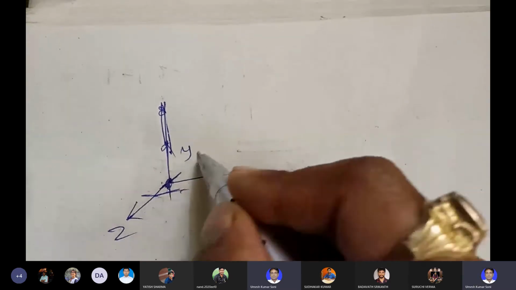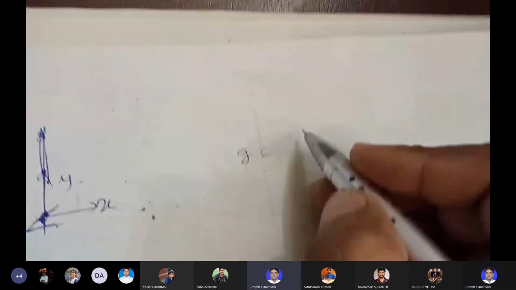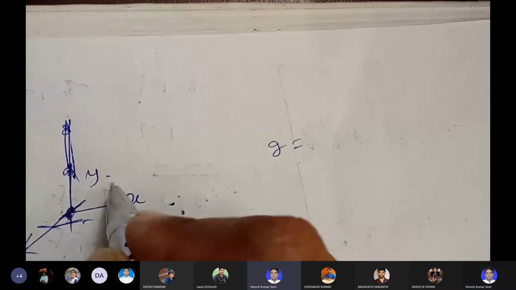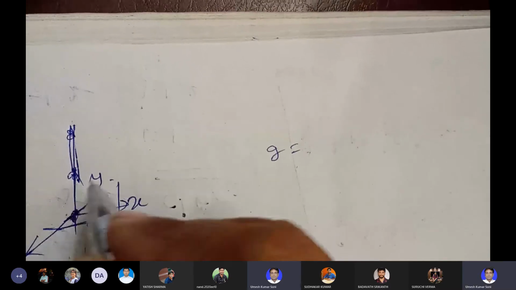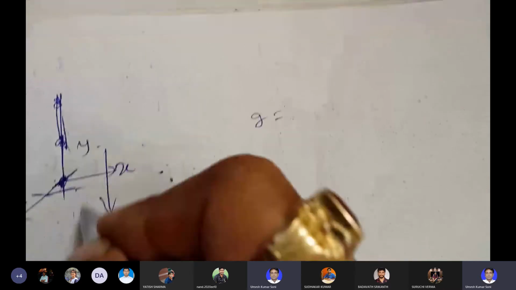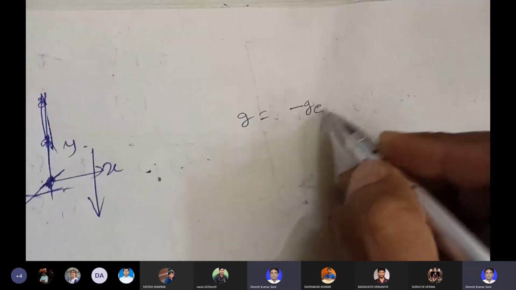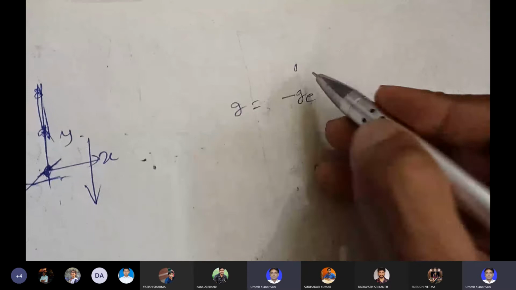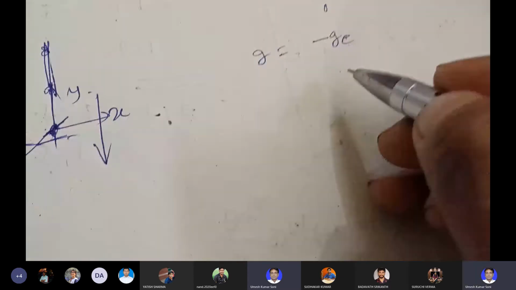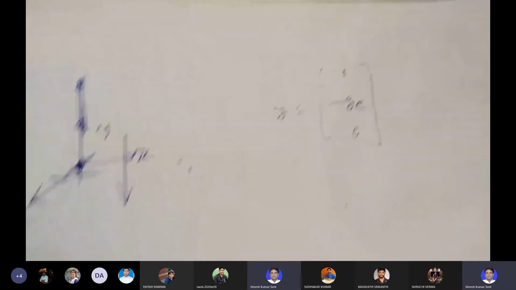Okay, so the gravity vector g is in the direction opposite to the direction of the link. Positive direction of y is above the origin, but the gravity is negative, so y component is minus gc, and x component is 0, and z component is also 0.